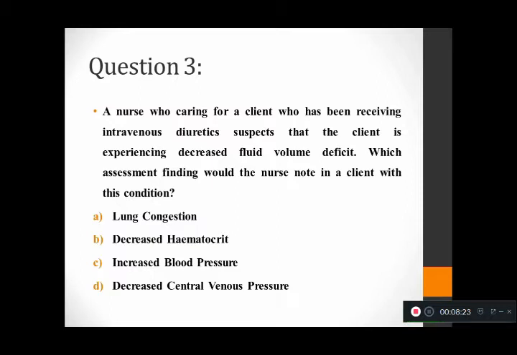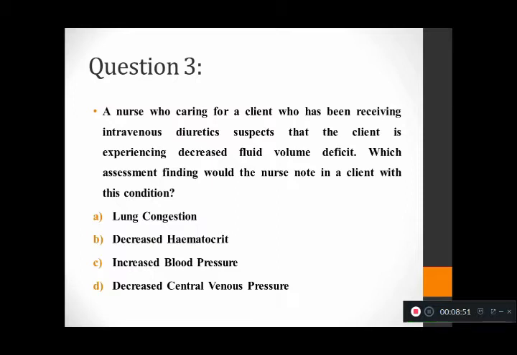Normal central venous pressure is between 4 and 11 centimeters of water, H2O. A client with dehydration will have low central venous pressure. Now you can see option number 1, lung congestion, option number 2, decreased hematocrit, and option number 3, increased blood pressure.